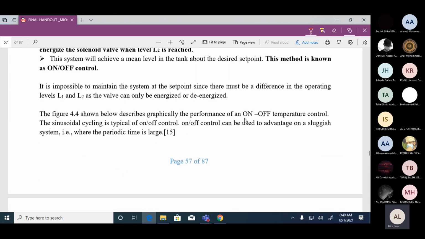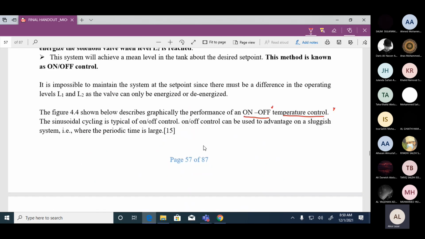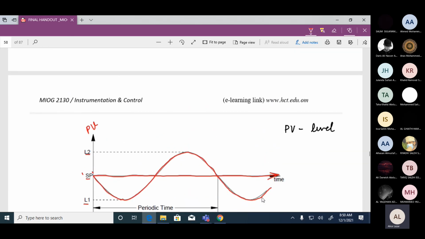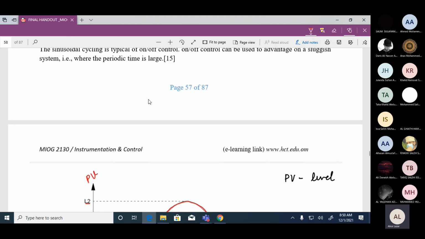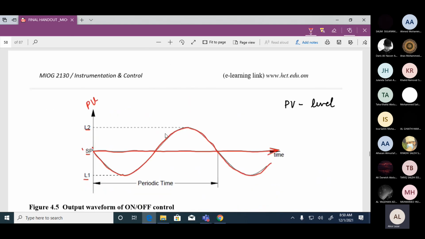The on-off control system is most commonly used in temperature control. And this cycling is called sinusoidal because it looks like a sine wave, like an AC signal. The advantage is when you have a large heater system, it is okay to use the on-off controller.